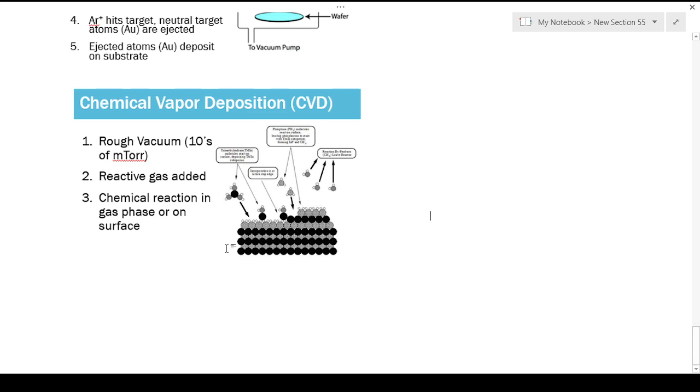It performs a chemical reaction in the gaseous phase on the surface, and the corresponding particles that are ejected will be deposited. So that is also a common method that many people use for the preparation of thin films. Okay, chemical vapor deposition method.